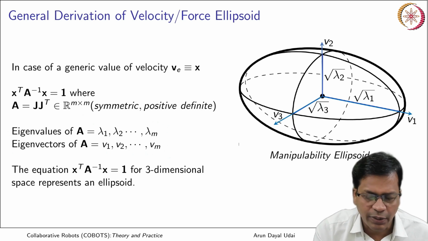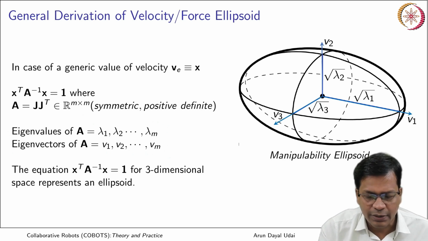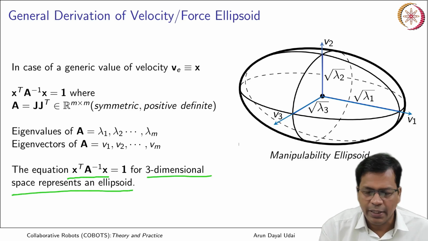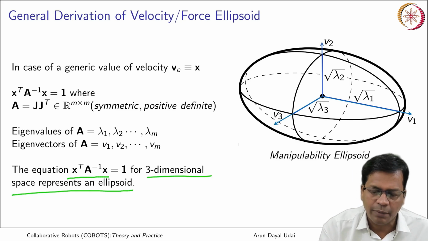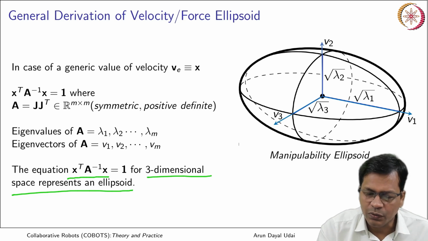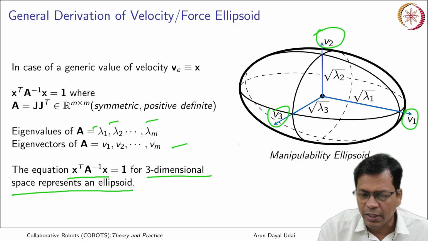Okay, so effectively the equation x transpose A inverse x represents an ellipsoid if it is a three-dimensional one. So v1, v2 and v3 are basically the eigenvectors. Lambda 1, lambda 2, lambda 3 are the lengths of these ellipsoids.